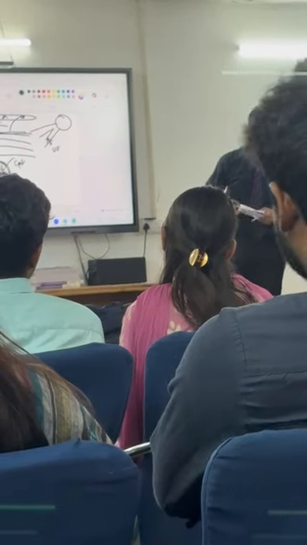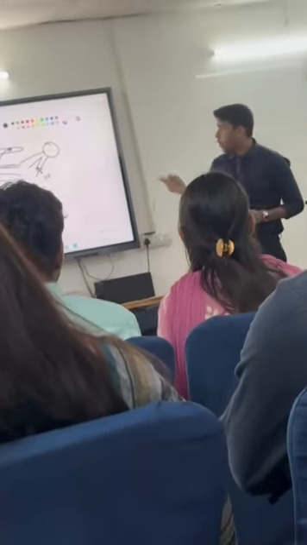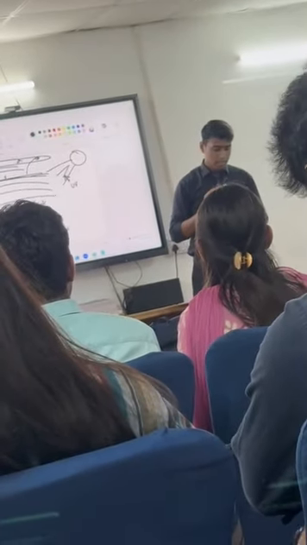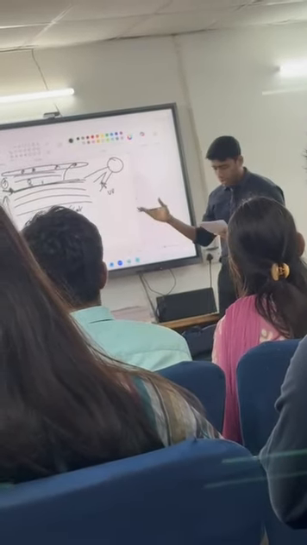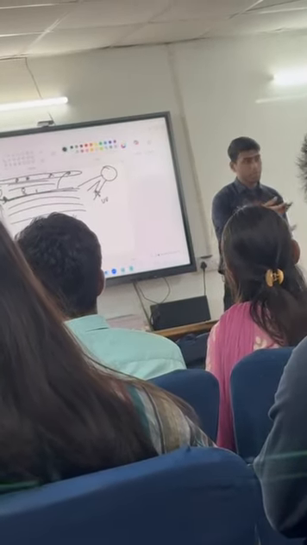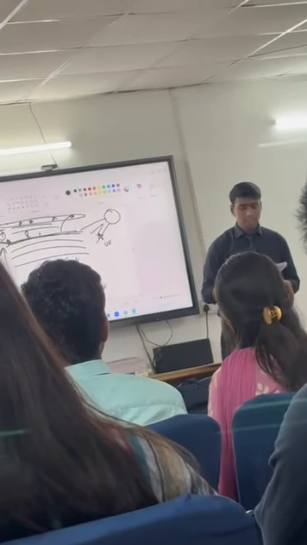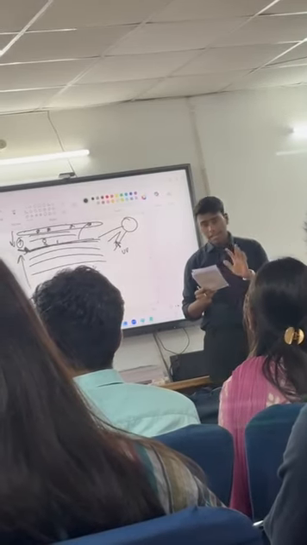Now, let's understand what causes these holes in the ozone layer. There are several factors: air pollution, deforestation, harmful gases such as CO2, methane, fluorocarbons, water pollution, and the use of fossil fuels. Let's say air pollution.